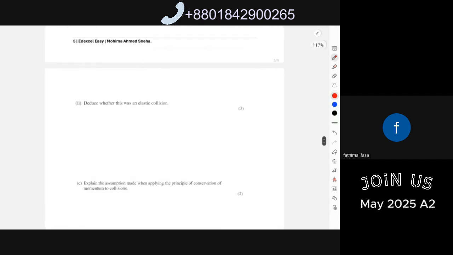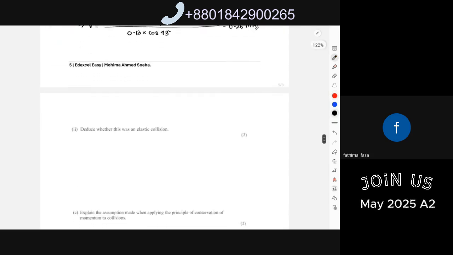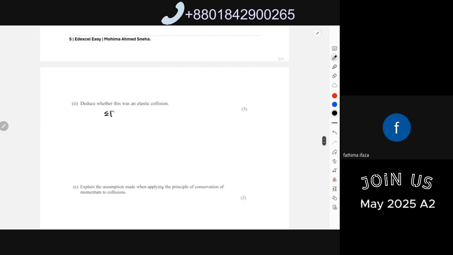For the next part now, we need to deduce whether this is an elastic or inelastic collision. Okay. For the elastic and inelastic collision, we're going to specifically focus on the initial and final velocity, right? So total kinetic energy before collision should be equal to total kinetic energy after collision if the collision is elastic, right? So let's just calculate the total kinetic energy before collision, which is going to be half 0.11 times 0.41 whole square.